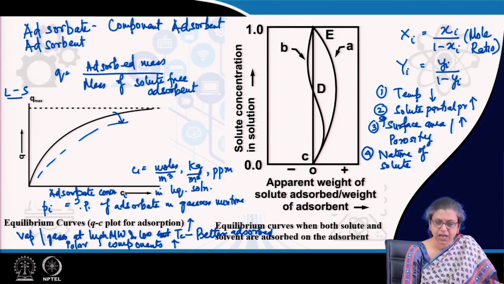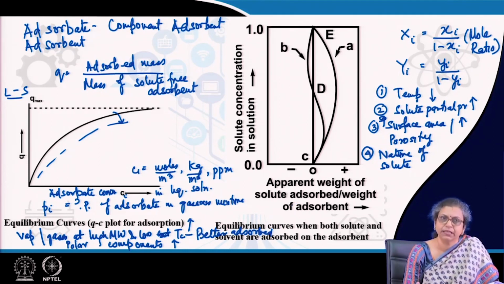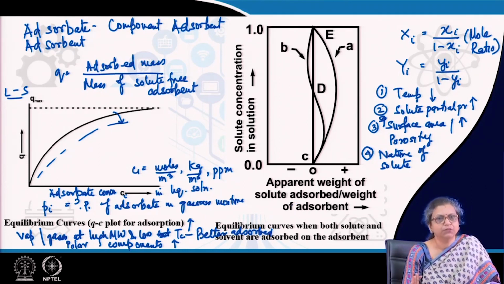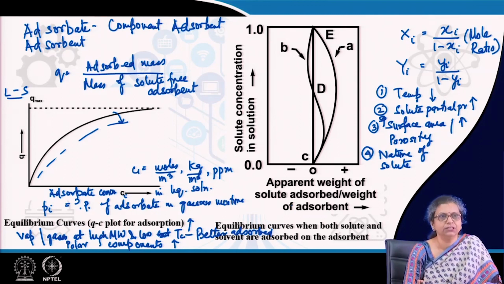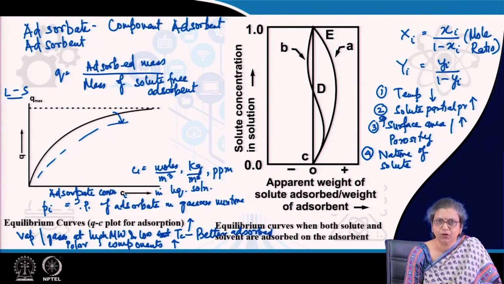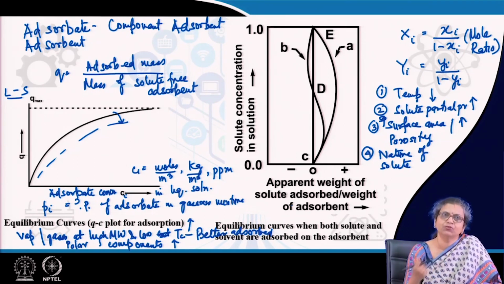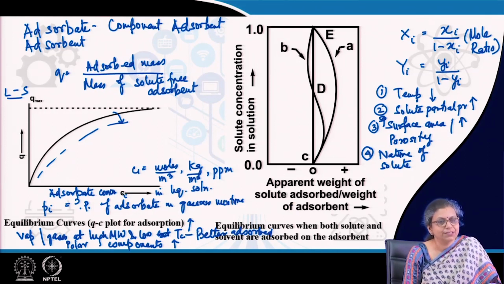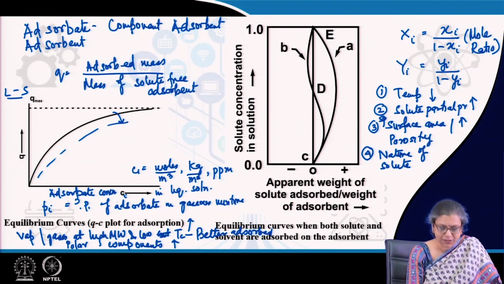adsorbent, even if we start with some very inert solvent, under that condition also initially some amount of solvent gets occluded into the pores of the adsorbent. Now, the moment some amount of solvent gets adsorbed, quite naturally the CI increases.